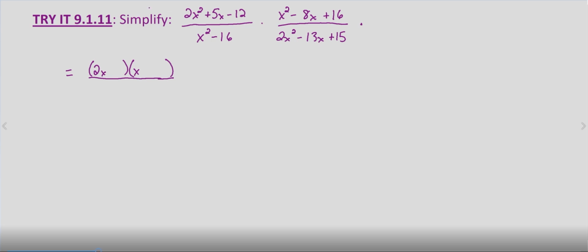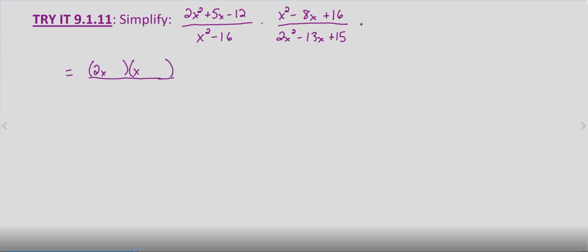And then it is kind of a matter of trial and error to figure out the combinations of factors of 12, so we have 1 and 12, 2 and 6, or 3 and 4, that will multiply to negative 12 and end up adding to 5x, considering that we have one term that is 2x and we have a coefficient of 2 that we have to deal with as well.